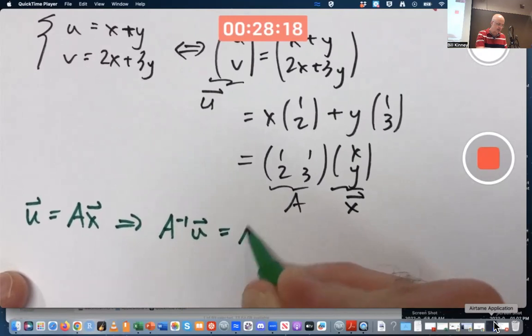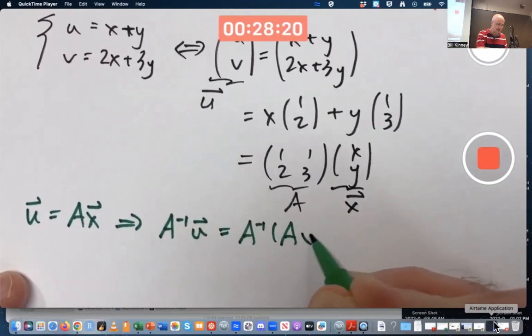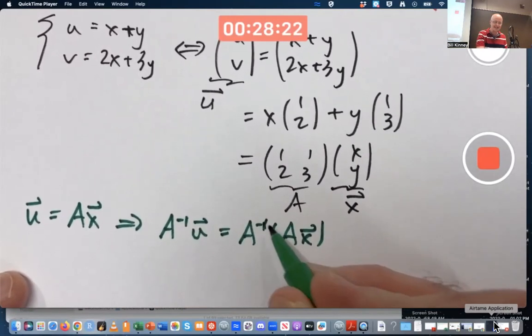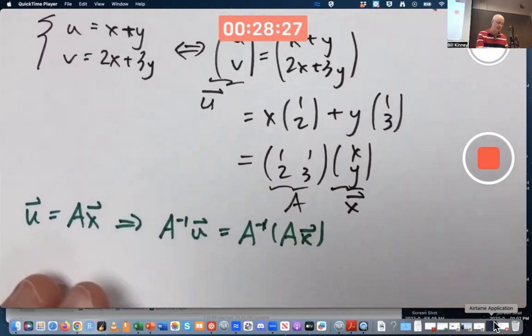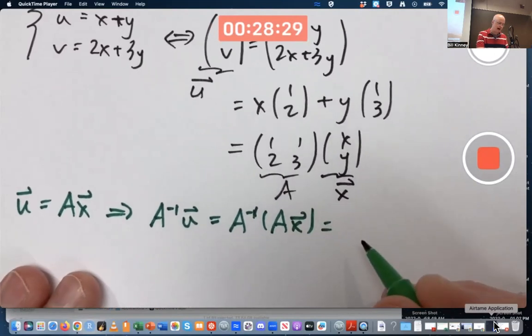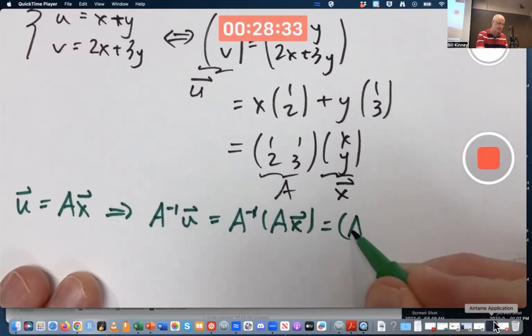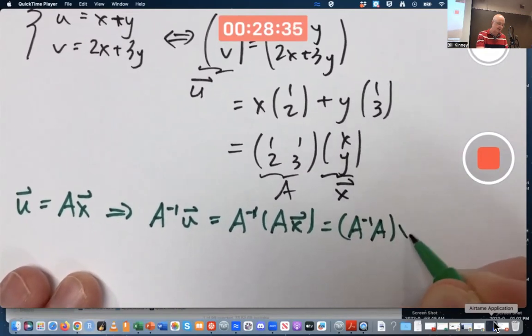A inverse u equals A inverse of A times x. I'm assuming the inverse matrix exists. It doesn't always exist when I write this. By the associative property, I can rearrange the parentheses on the right here and say this.